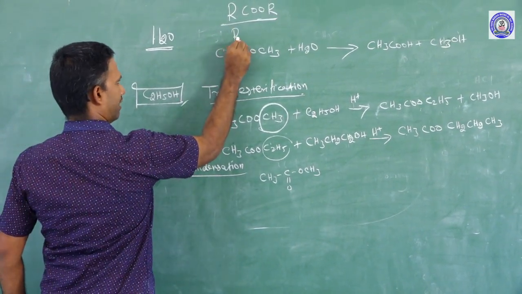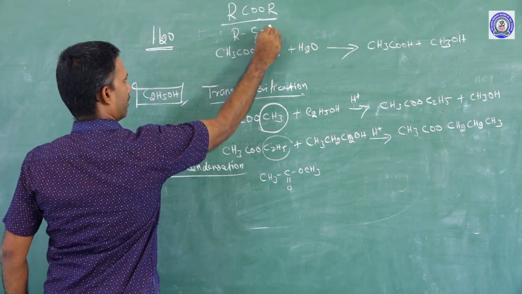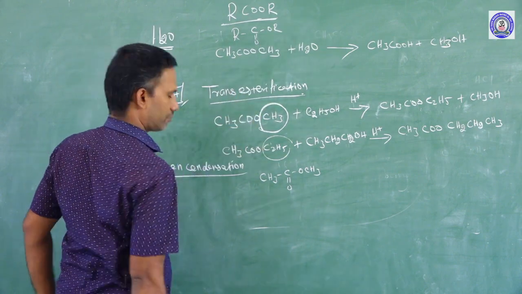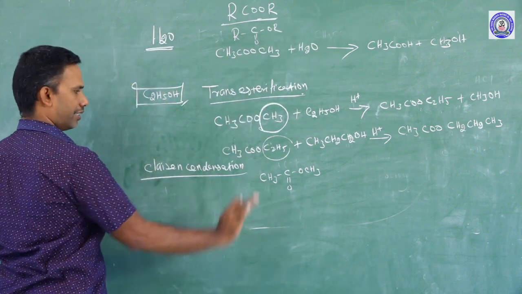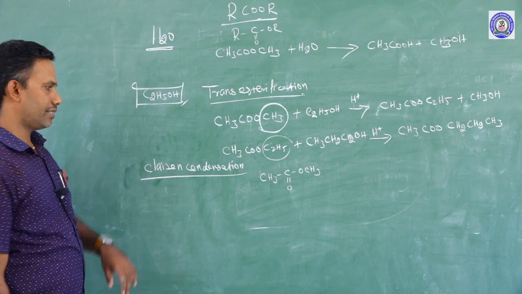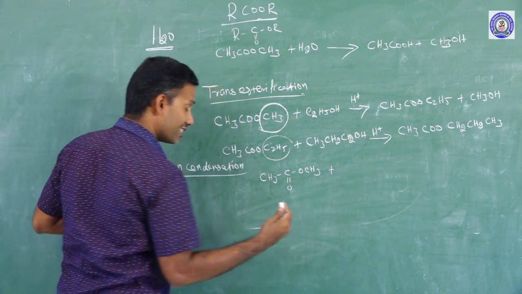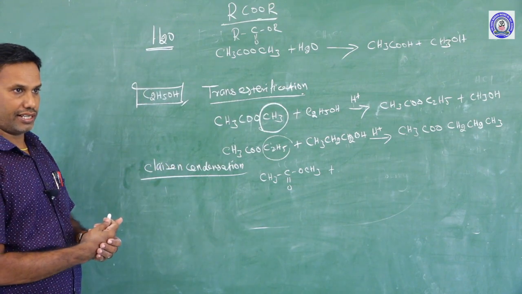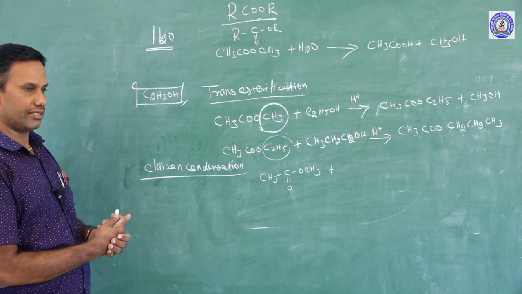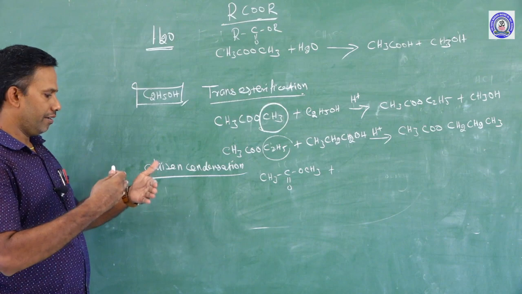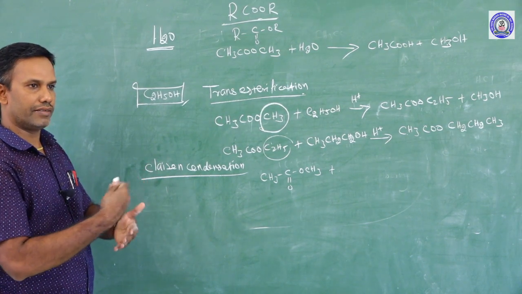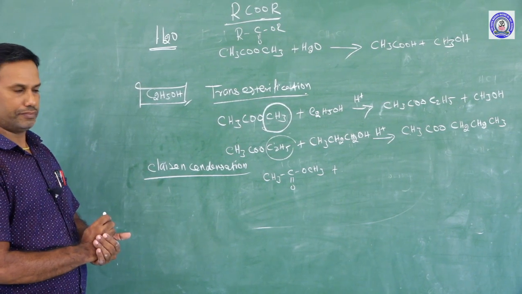If you separate the carbonyl groups and everything, it will be like this. The same way I am writing methyl ester like this. When it's treated with another ester, this is called self condensation. Claisen ester condensation, self condensation. Condensation means mixing together with or without removal of molecule.